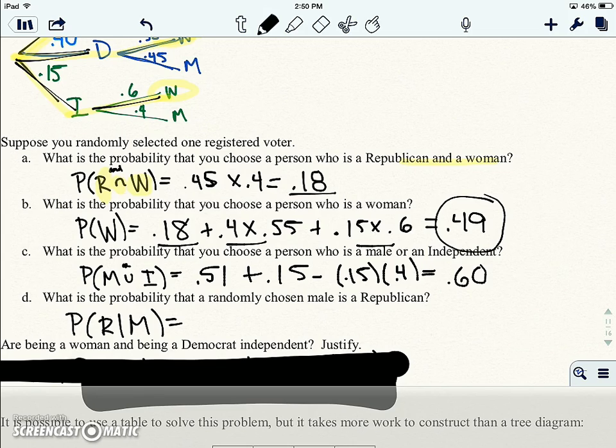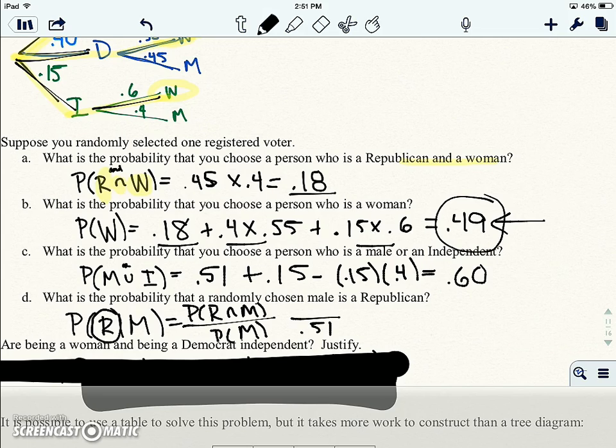Then the last part is, what is the probability that a randomly chosen male is a Republican? So now we're going to remember that this would be the probability of Republican and male, given our formula, all over just the probability of being male. Well, we already know that the probability of being male is 51%. We figured that out using the complement from the probability of being female, so that is 0.51.